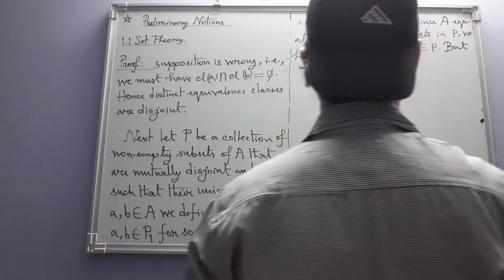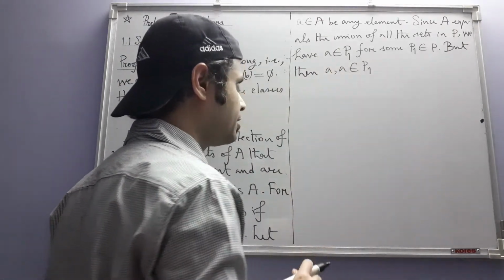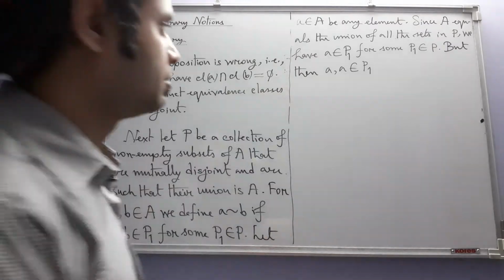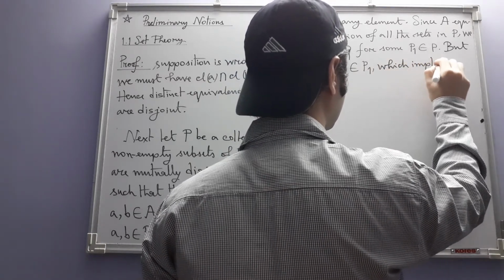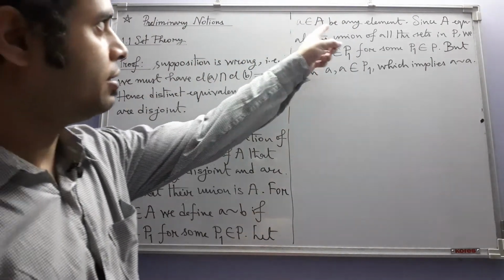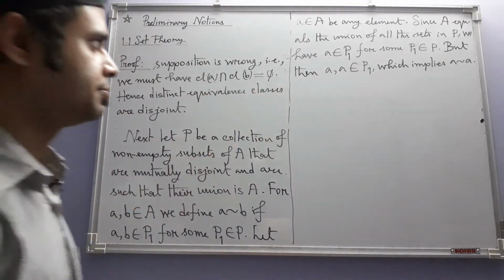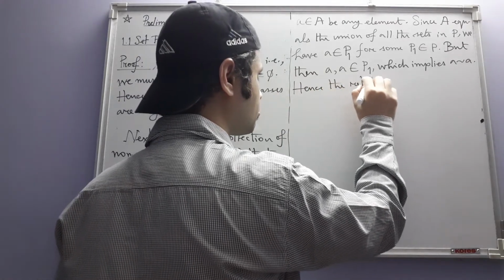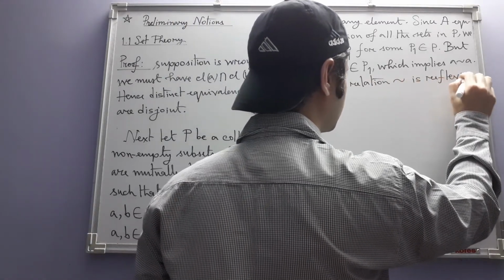But then, this may look silly, but just like a and b belonging to P1, we have a and a belonging to P1, which implies a is related to a, and this is true for any element a in A. So that means a is related to a for every a in capital A. Hence, the relation tilde is reflexive.